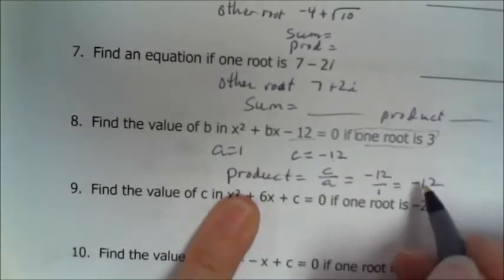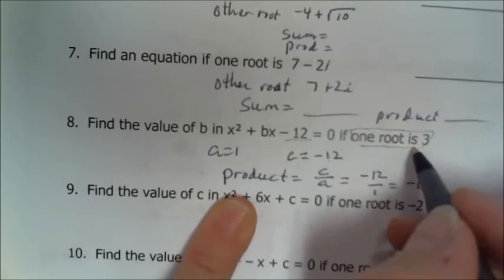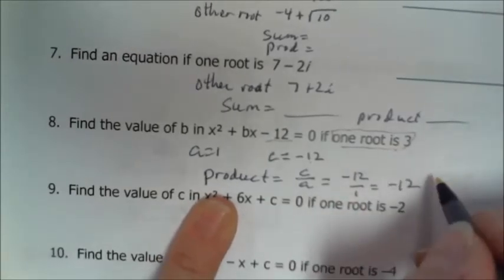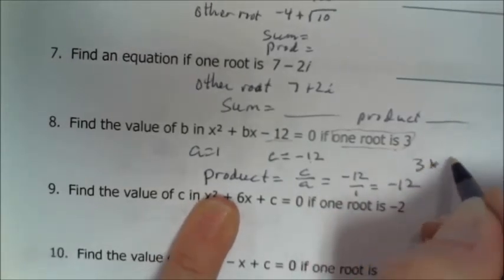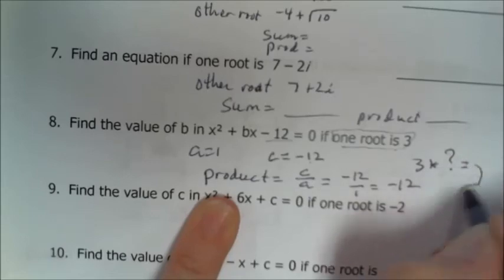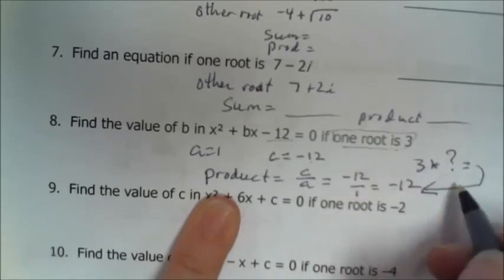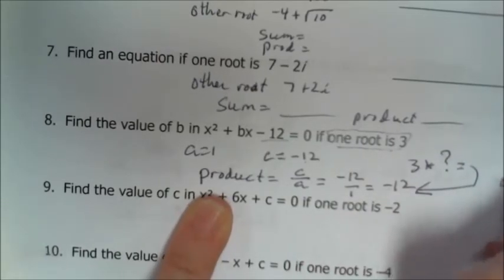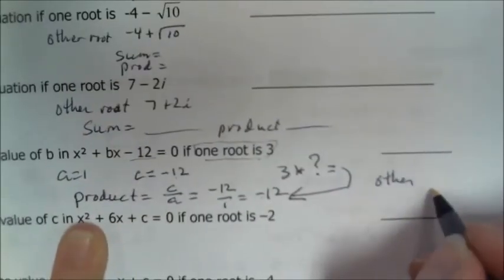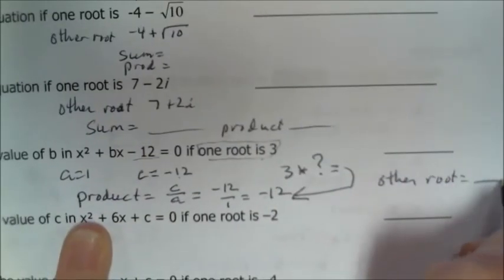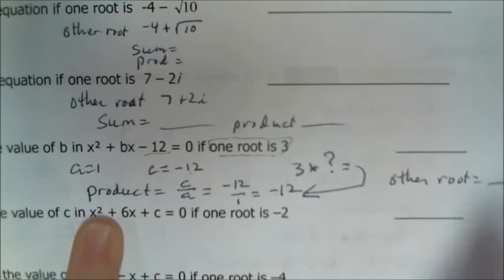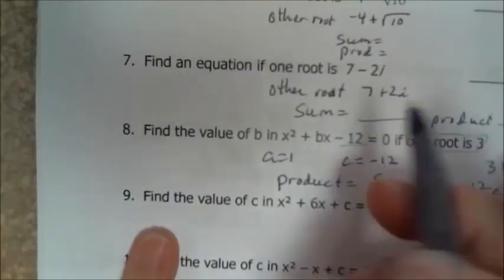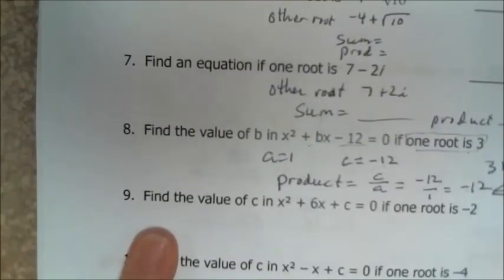Well, if the product of the roots is negative 12, if one root is 3, 3 times what is equal to negative 12? Well, then you'll get the other root. And then once you get the other root, then you know what the sum is, and then the opposite of the sum will go there.